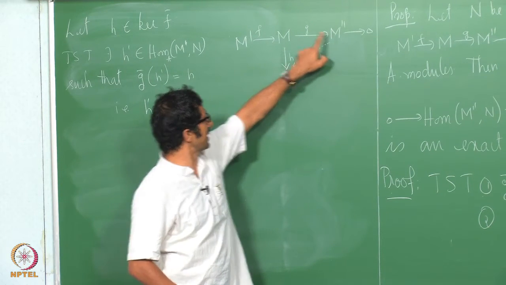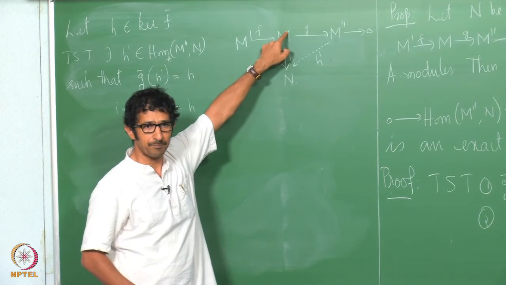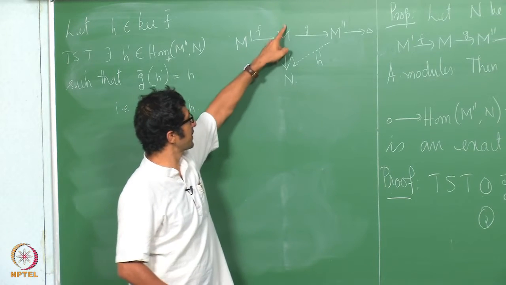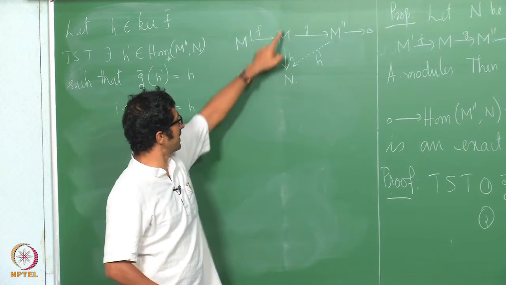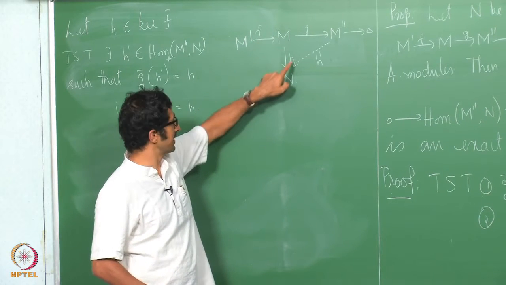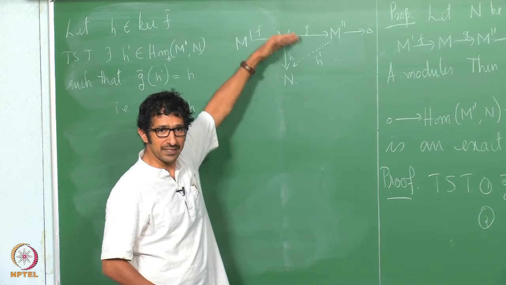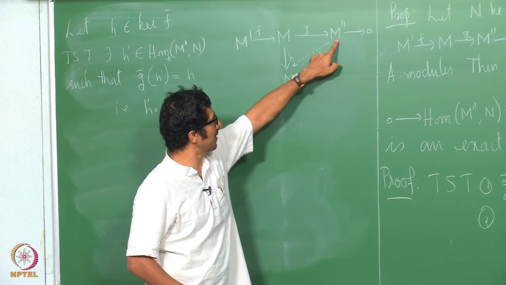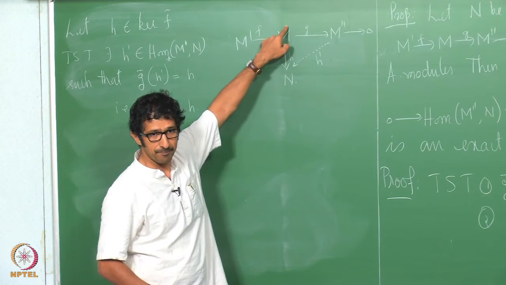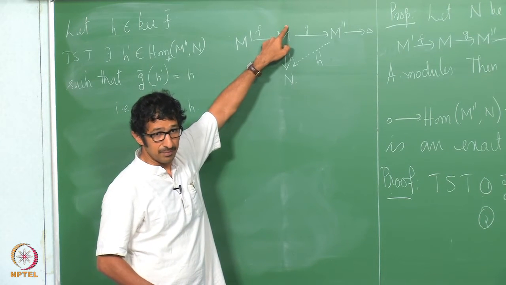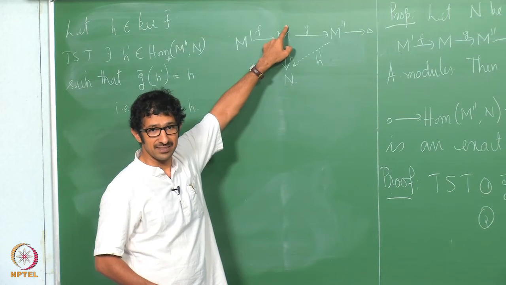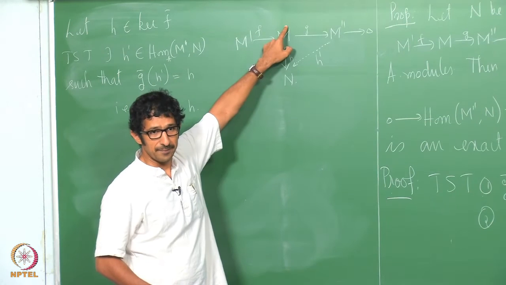If I take an element, I have a pre-image here, okay. And what we want is, if you look at that pre-image, you go there and come here, that should be same as that element going here directly through H. So, I just define H prime, I take an element here, its image should be H of the pre-image. But here there is a danger, there could be many pre-images. So, which one?